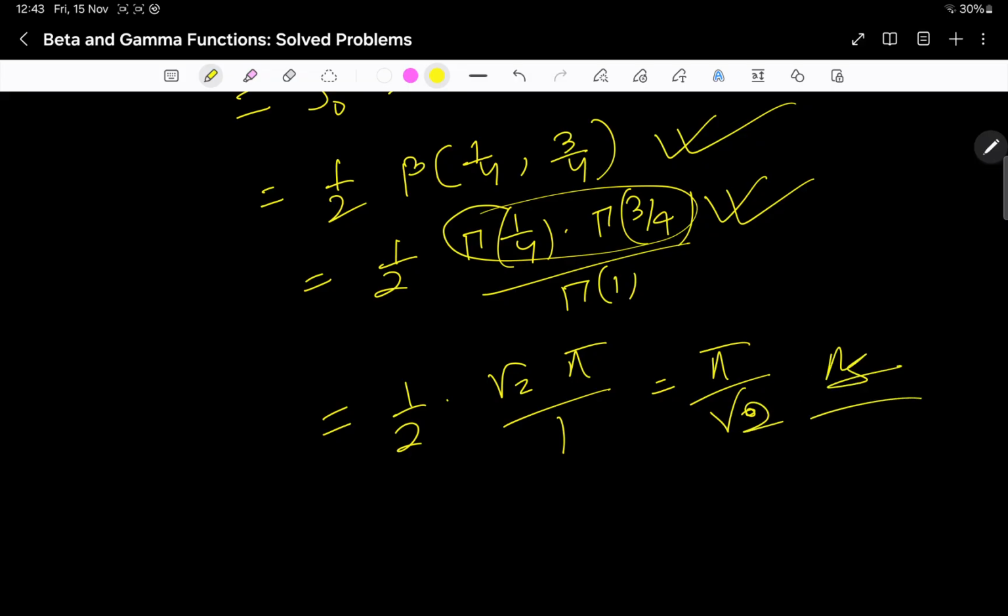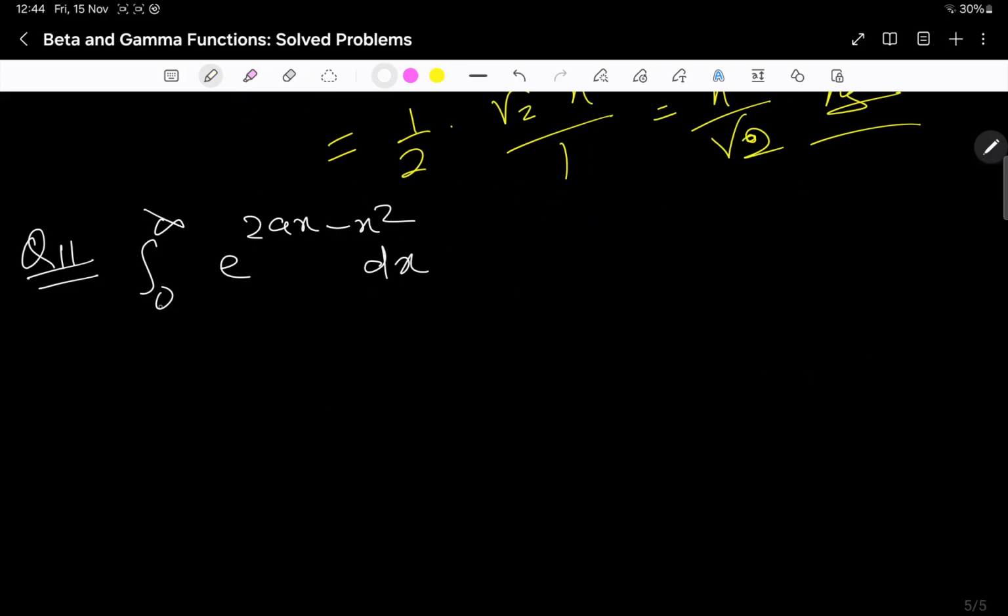Okay, coming to the last problem. So coming to the last problem, integral 0 to infinity e to the power 2x minus x square dx. You can write it 0 to infinity e to the power minus of (x minus a) whole square. If you make it minus of (x minus a) whole square minus x square, then 2x is there, then plus a square is something extra.